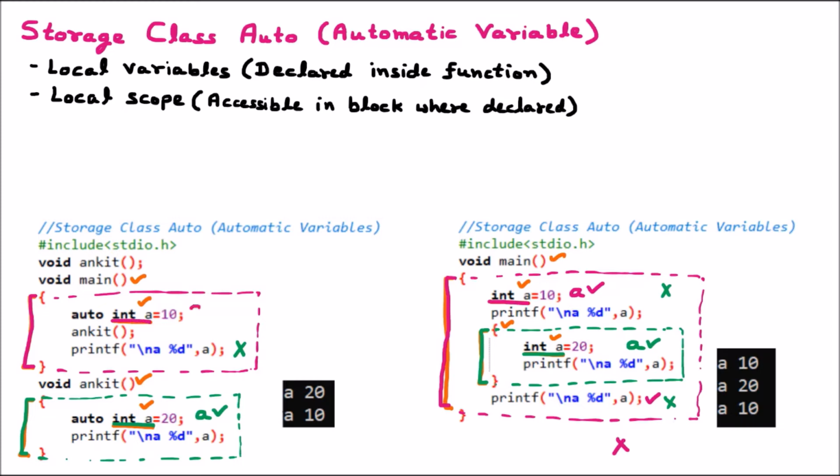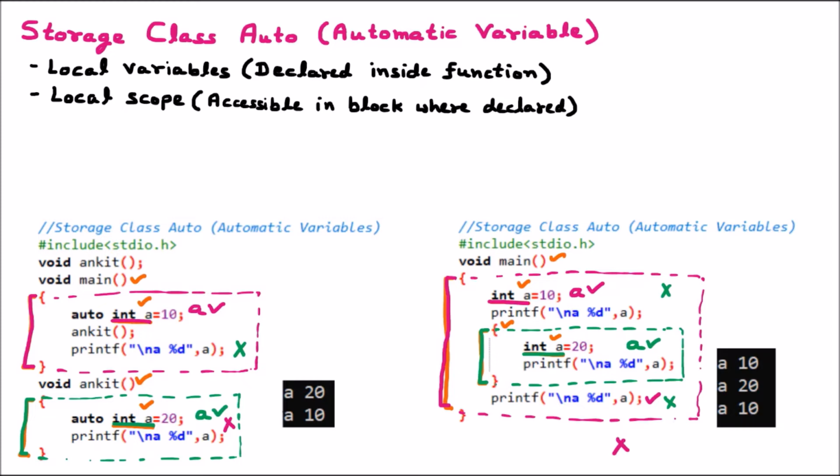So this a is accessible only inside this main boundary. It is not accessible outside. So that means these are the local variables with the local scope, meaning wherever they are declared, only there can they be accessed. They cannot be accessed everywhere. So this is the storage class auto, meaning the automatic variable or the local variable with the local scope.